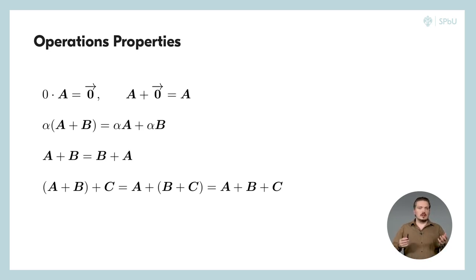Third, the operation plus must be commutative, which means the order of input vectors does not matter for the output. And the last, the operation plus must be transitive, which means that if we add up three vectors sequentially, it does not matter in which order we perform this operation.